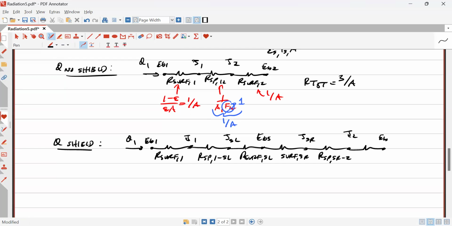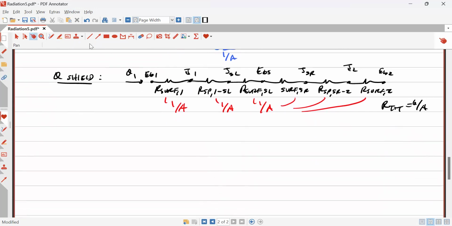And then this gets you to EB2 when you have the surface resistance at surface 2. And just like what we had for the no shield case, all of these are 1 over A. So the R total then is going to be 6 over A if you just count them up, all in series here.